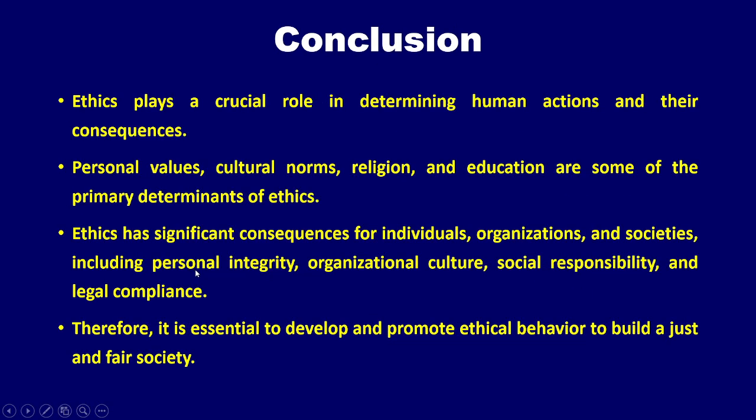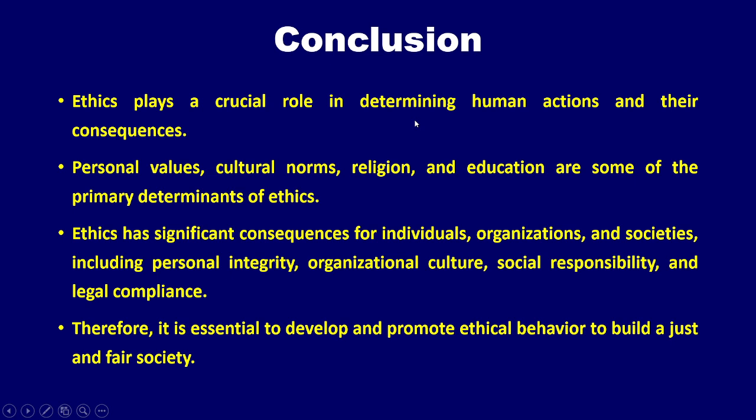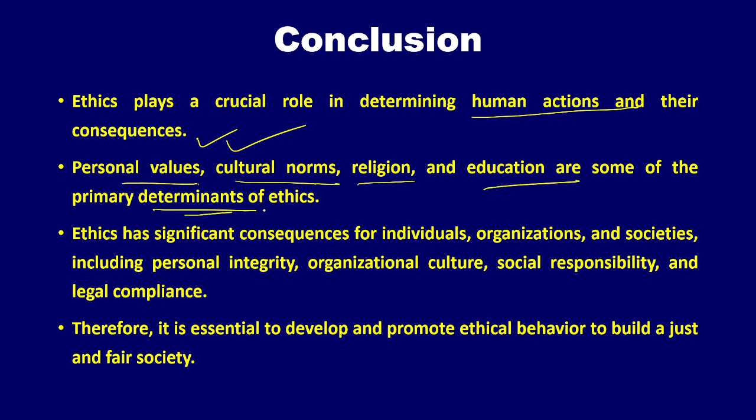Okay, so those were the main points of determinants and consequences of ethics. And to conclude, ethics plays a crucial role in determining human actions and their consequences, we have learned. So, what are the determinants of ethics? Personal values, cultural norms, religion, education are some of the primary determinants of ethics.